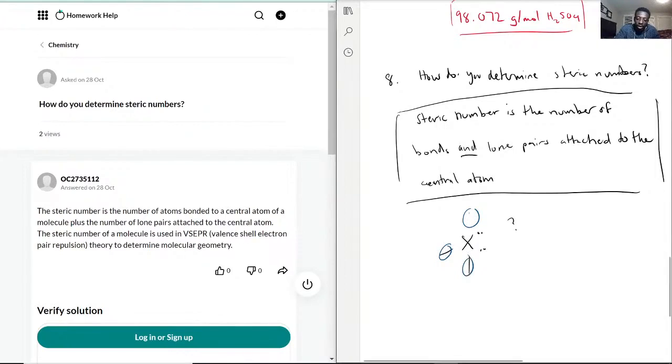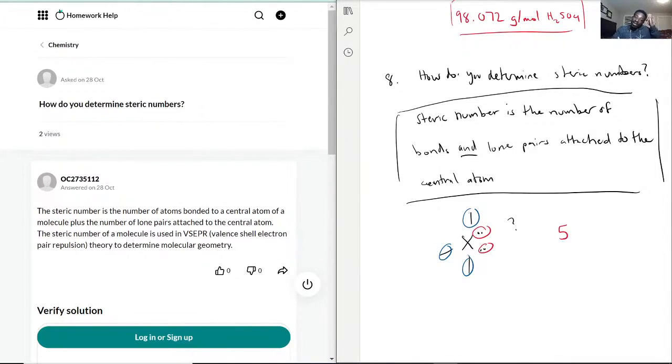Sorry about that, I don't like the way that bond looks. Then we add the lone pairs. You don't count individual electrons, you count the whole pair. 1, 2. So this element would have a steric number of 5.